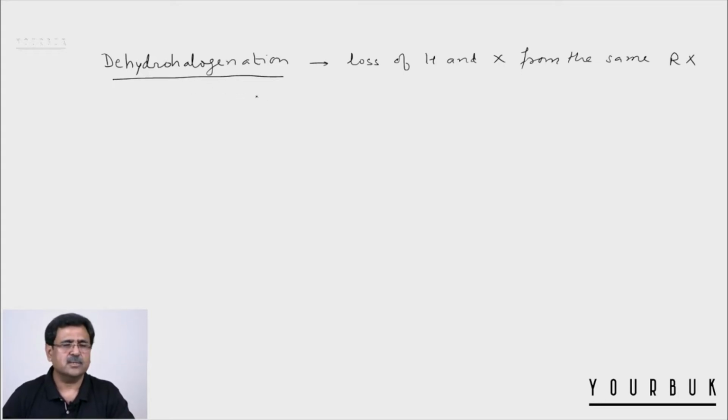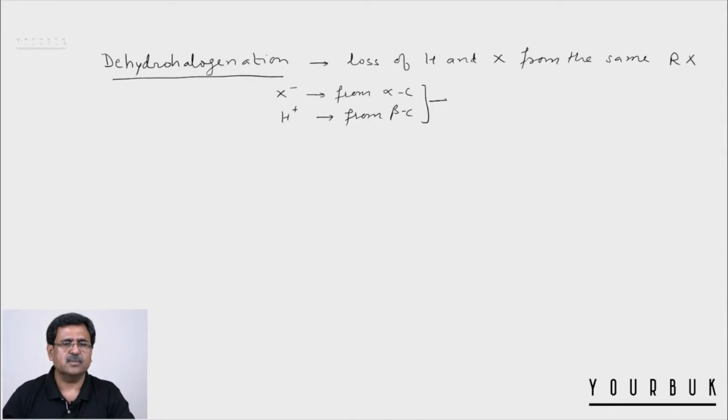So in this reaction we eliminate X minus from the alpha carbon atom and we eliminate H plus ion from the beta carbon atom. So in this dehydrohalogenation, only alpha and beta carbons are involved.